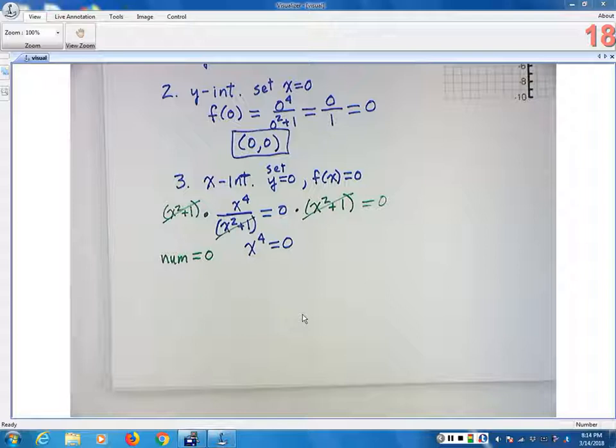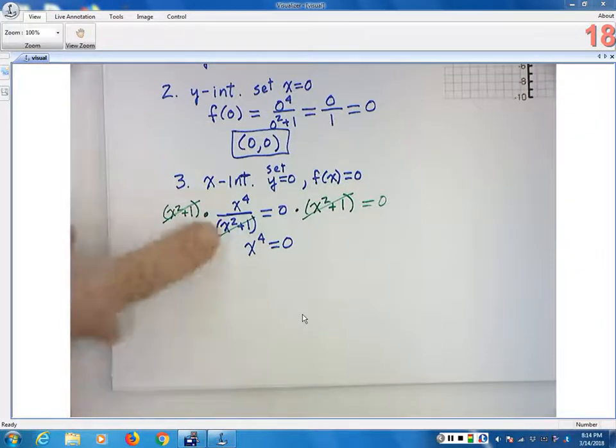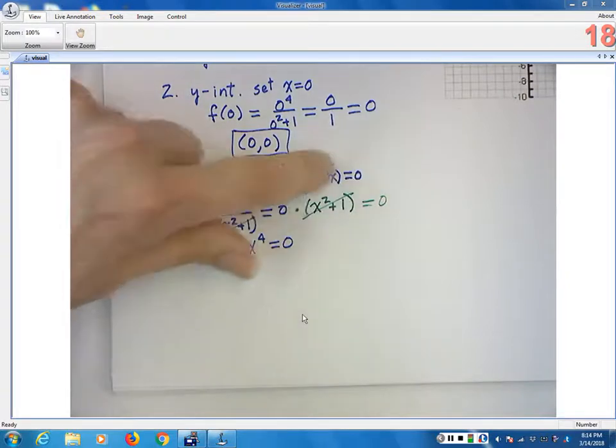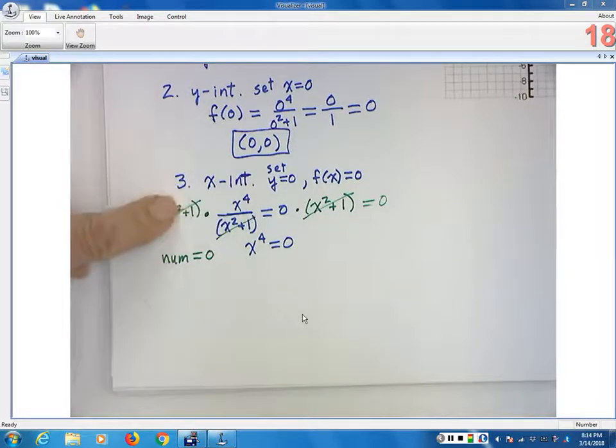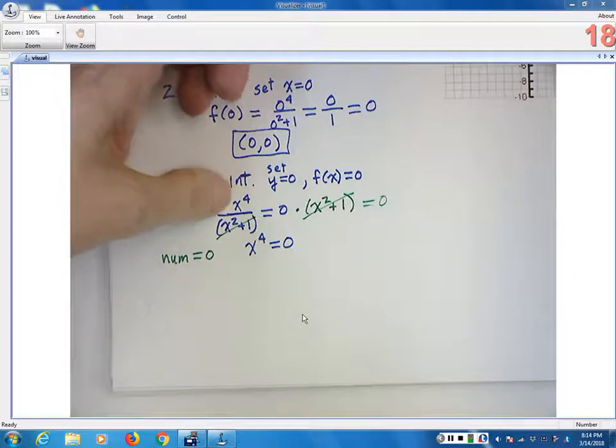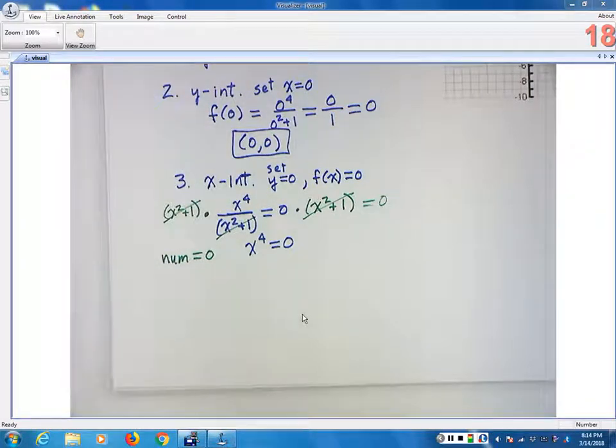But you can multiply through by the denominator. If you set all of f of x to 0, you get rid of the denominator, and you are only setting the numerator to 0. But that's why you set just the numerator to 0. Is that clear as mud?